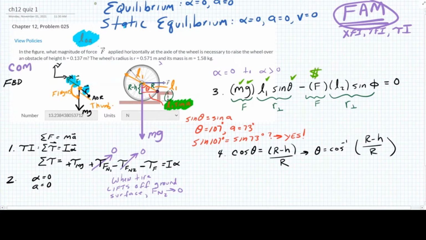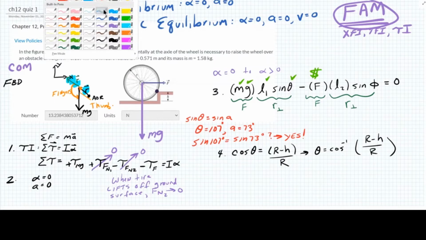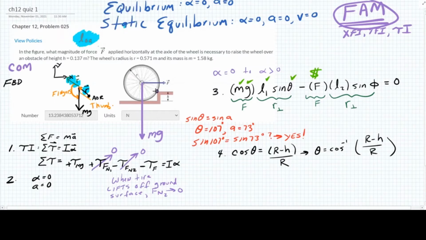this second torque. I'm going to get rid of all of this stuff right here and look at F, this externally applied force. Here, once again, is my AOR. So you play the same game. You basically just say, what's the position vector from the AOR to the point of application?